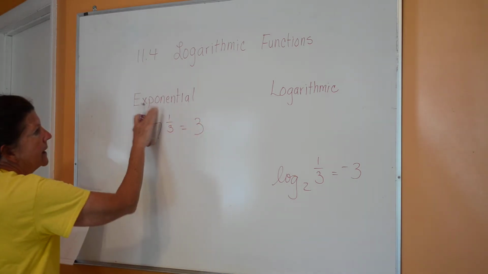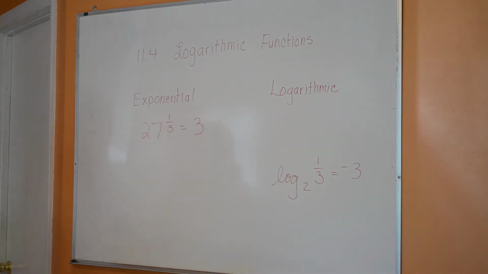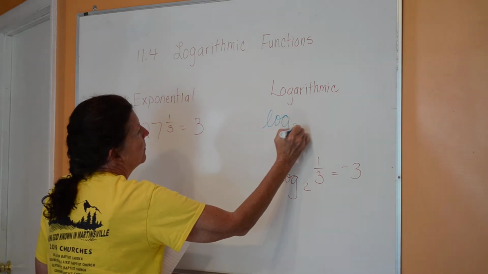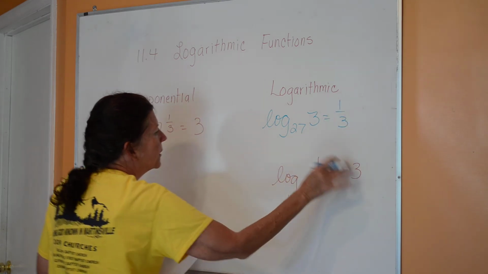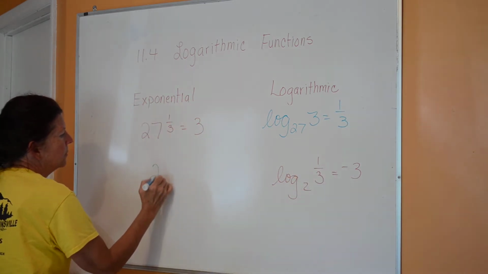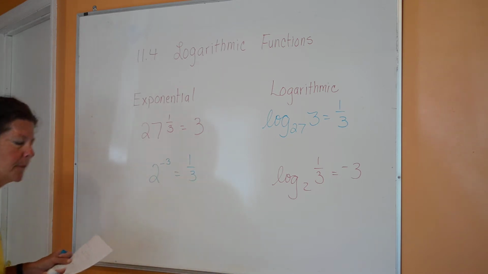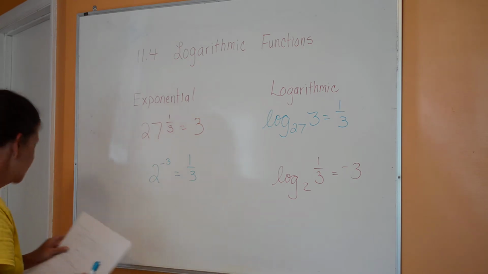All right, now take that, convert it to logarithmic, take this and convert it back. All right, this becomes the log of base 27 of 3 is equal to 1/3, and this would be 2 to the negative third power is equal to 1/3. So that's just rewriting back and forth between logarithmic and exponential.